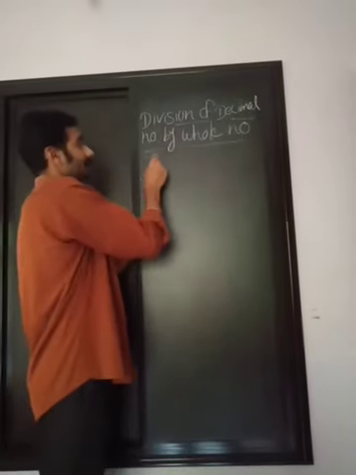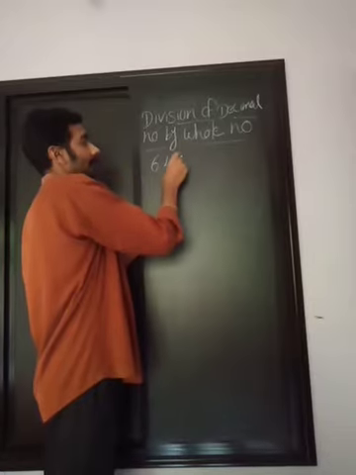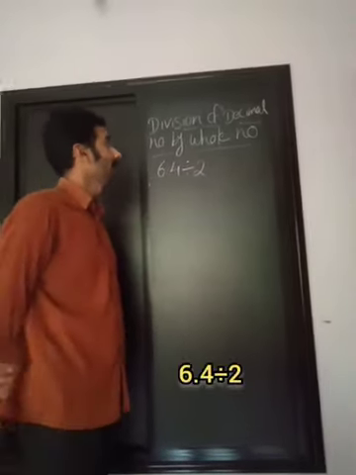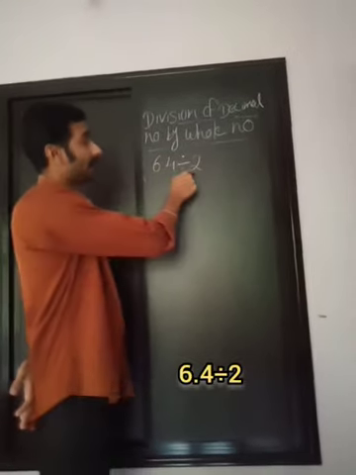Question is 6.4 divided by 2. 6.4 is a decimal number divided by a whole number.